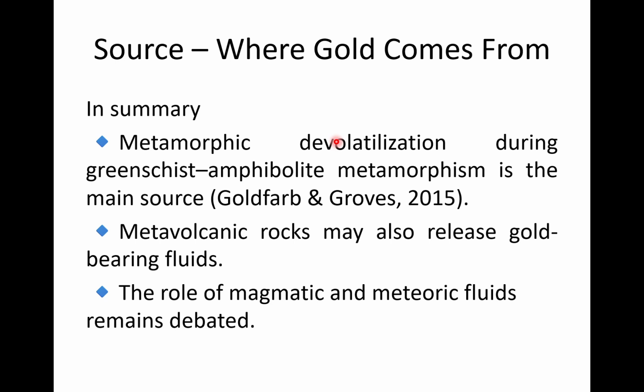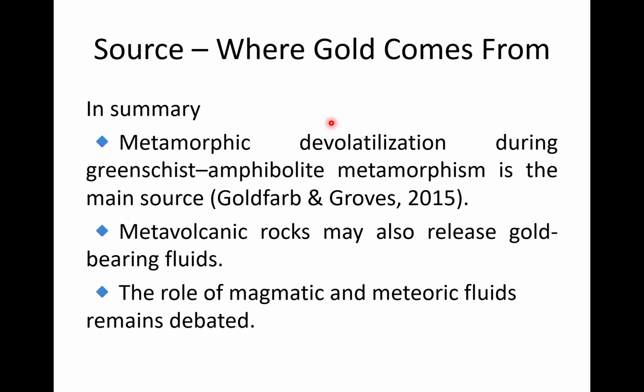In either case, gold is dissolved in the fluids as chemical complexes, such as gold bisulfide complexes in reduced metamorphic fluids or gold chloride complexes in magmatic fluids, enabling its journey upward.